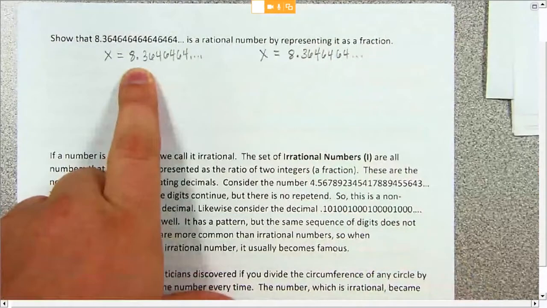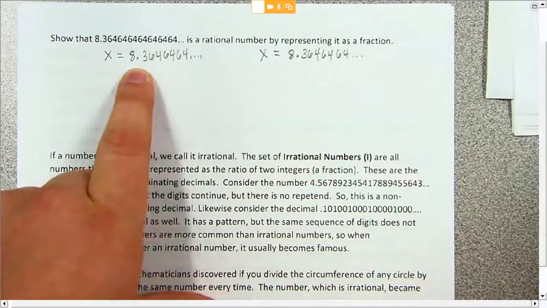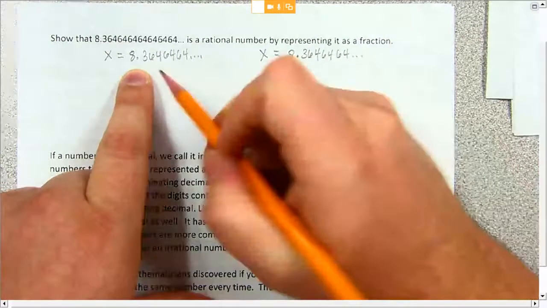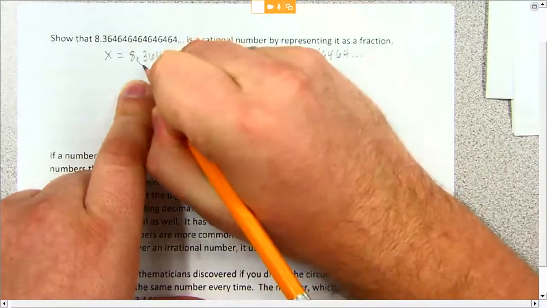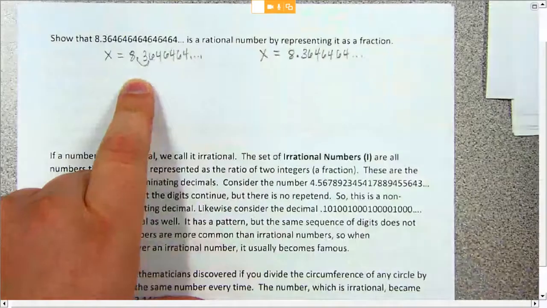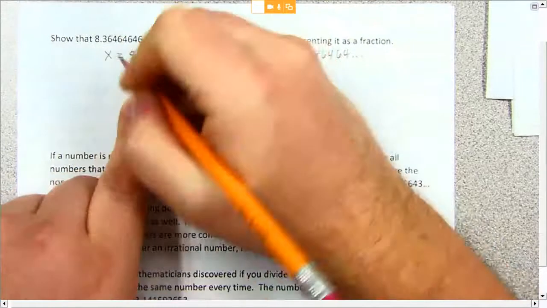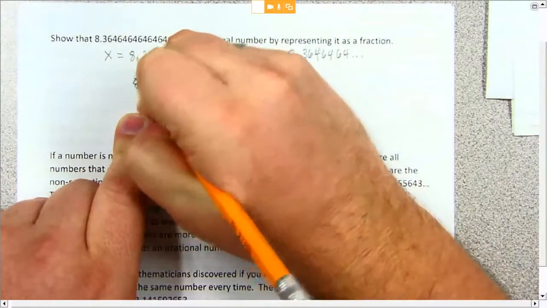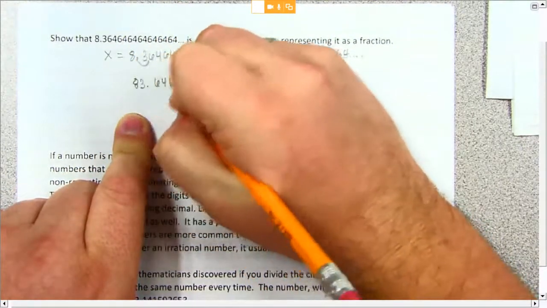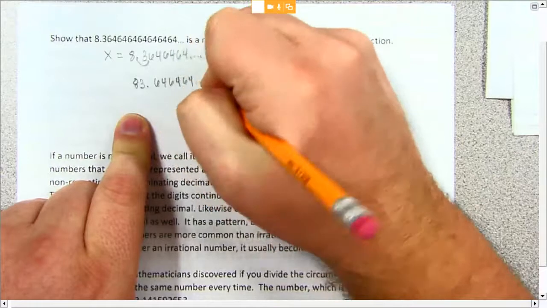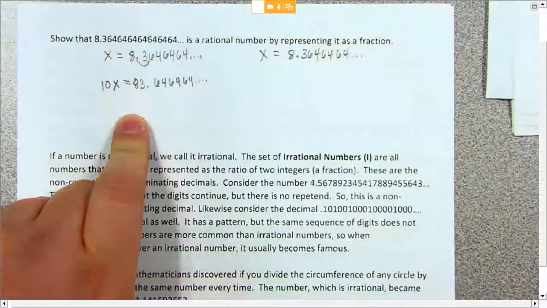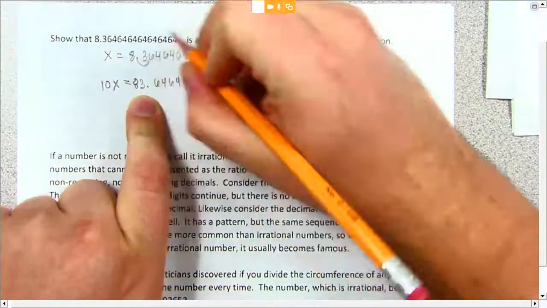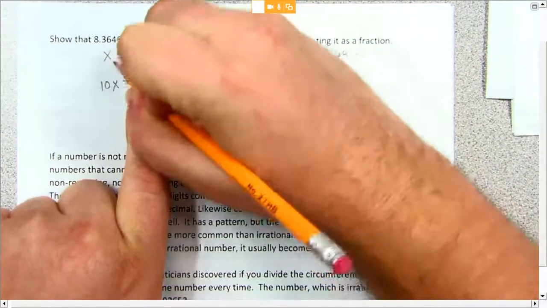Okay, in the first equation, all I want is what doesn't repeat to be in front of the decimal. So that's 3, right? 3 is the only non-repeating digit. So I'm going to move this over 1, so I multiply by 10. So this is going to be 83.646464, and it's going to be 10x. So I multiplied by 10 on that.